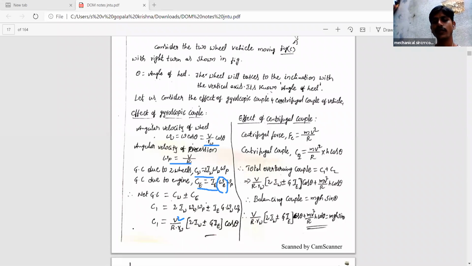So we get V square by capital R into small r suffix w cos theta, into the remaining terms 2 into I suffix w plus or minus G I suffix e. In our four-wheel vehicle, the 2 is replaced with 4 and cos theta is not there, but here cos theta is also there. That is the effect of gyroscopic couple.